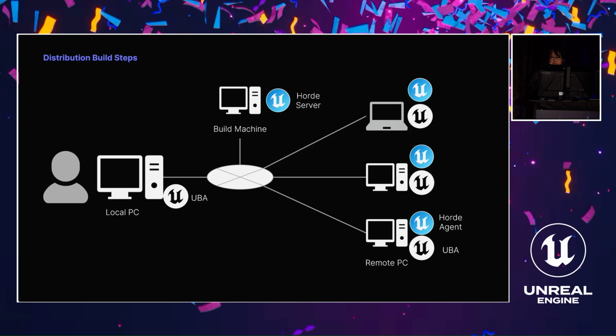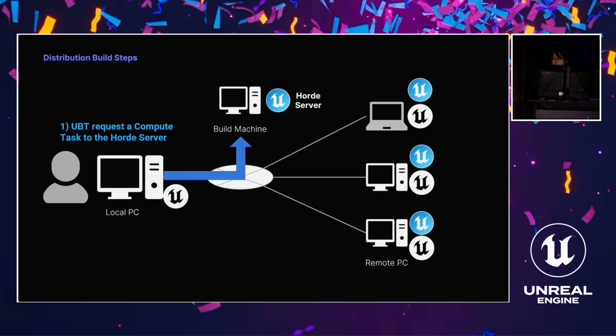UBA is the application that handles the build tasks, and the Horde server and Horde agent automatically distribute them to UBA. Horde server is an application installed on the build machine. It registers Horde agents which exist on the network and collaborates with UBA to distribute tasks. Horde agent is an application installed on remote PCs. It serves as an intermediary between Horde server and UBA, handling distributed tasks on the remote PCs.